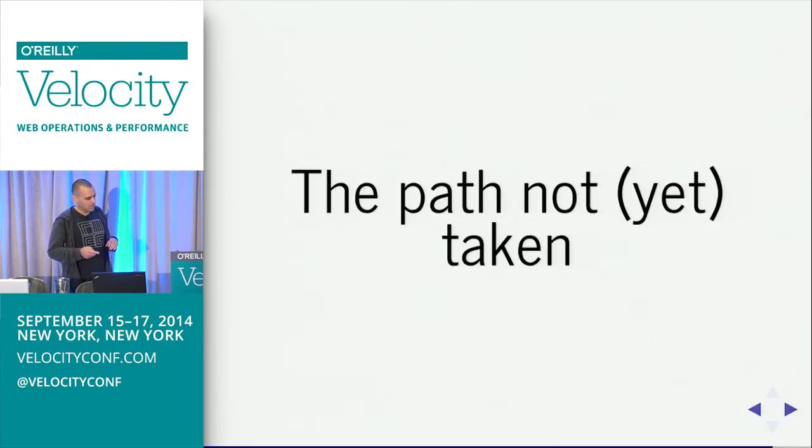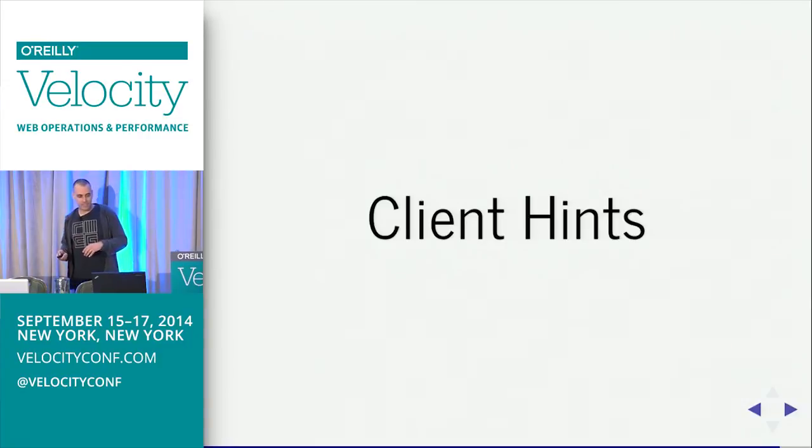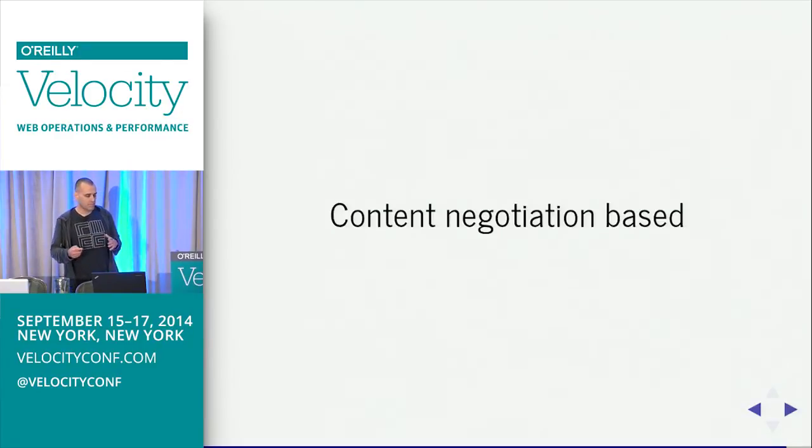And a couple of words regarding yet another proposal that didn't yet make it: Client Hints, which is a proposal by Ilya Grigorik from Google. It's a content negotiation-based proposal. So the client sends out hints and capabilities along with the request: DPR, RW.